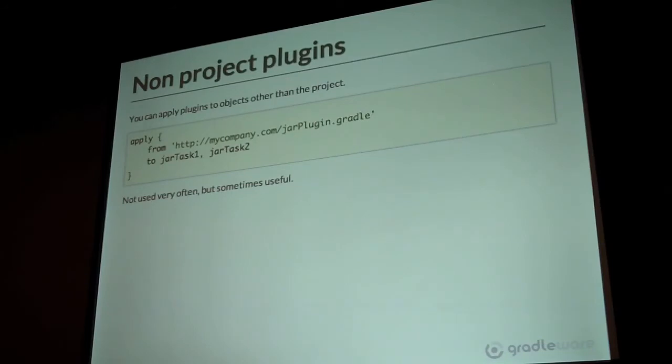You could even apply a plugin to something other than a project, but I think this is just showing off how cool it is. In 3 years of Gradle, I've never used that. So a plugin always has a context. It configures something in the Gradle object model. And 99.9% of all Gradle plugins configure a project. That's their context. They add tasks to the project, or they set the version of the project or something.